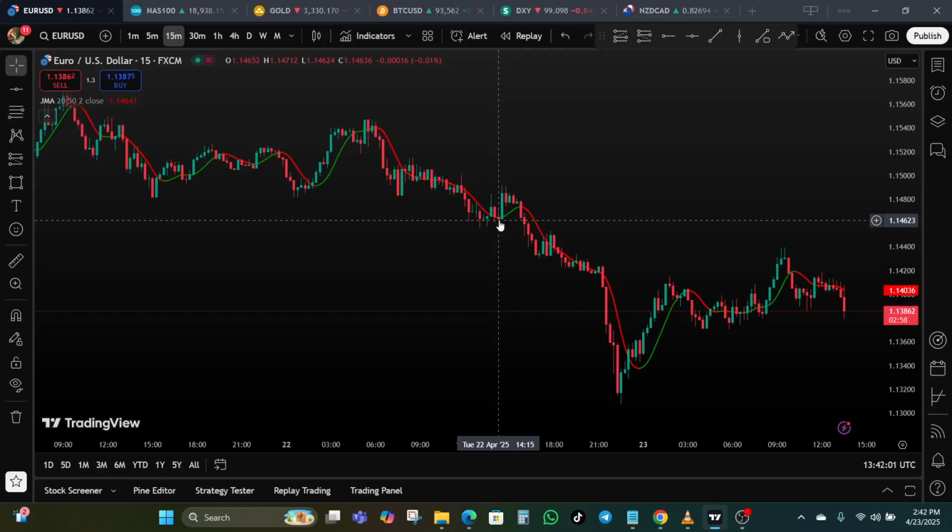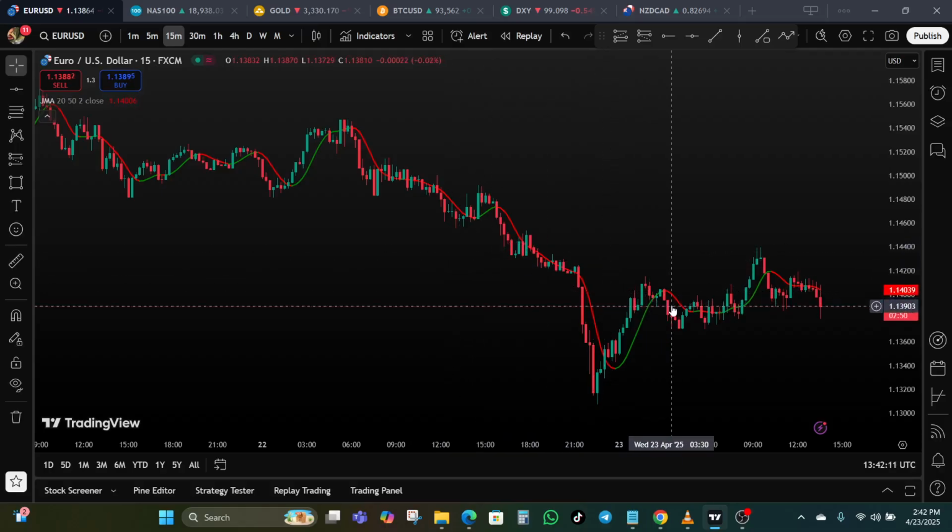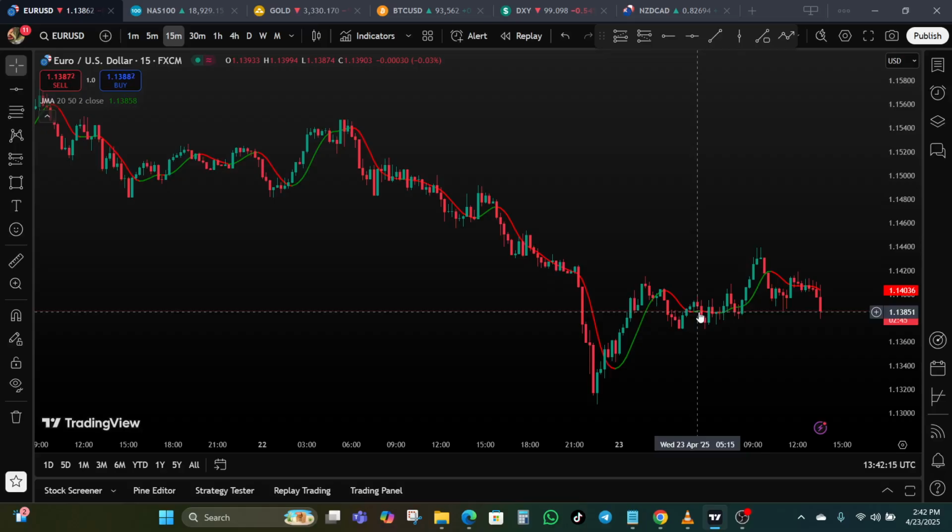For instance, when the market is moving quickly, the JMA reacts faster than other moving averages. When the market is consolidating, it reduces its sensitivity, helping you stay in a trade longer without being whipsawed out. So in short, the JMA adapts to the market's behavior, giving you a more accurate reflection of current price trends.